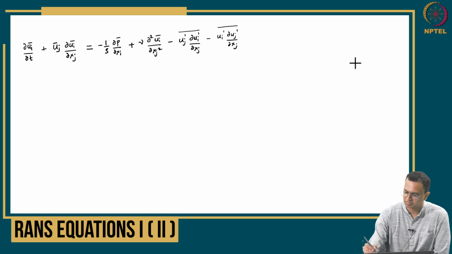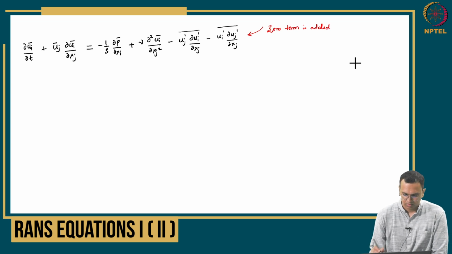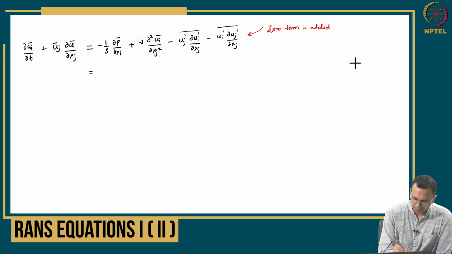So the 0 term is added. So now I can write the right hand side.